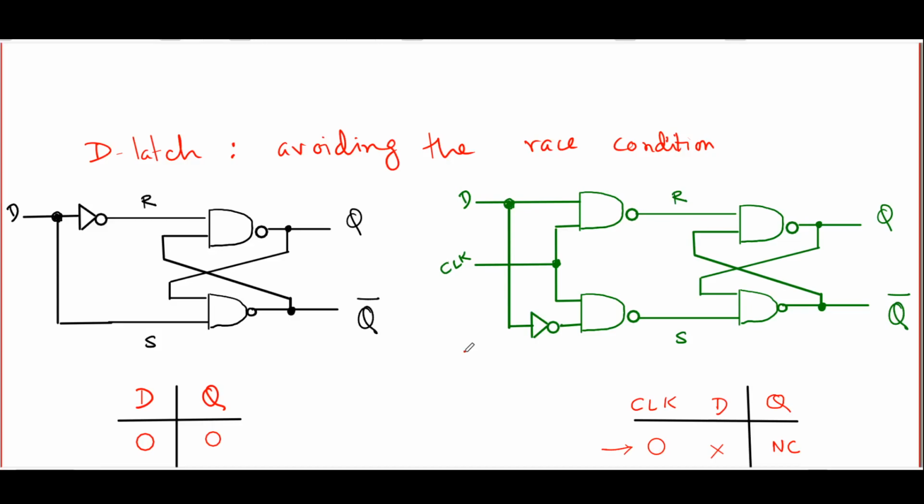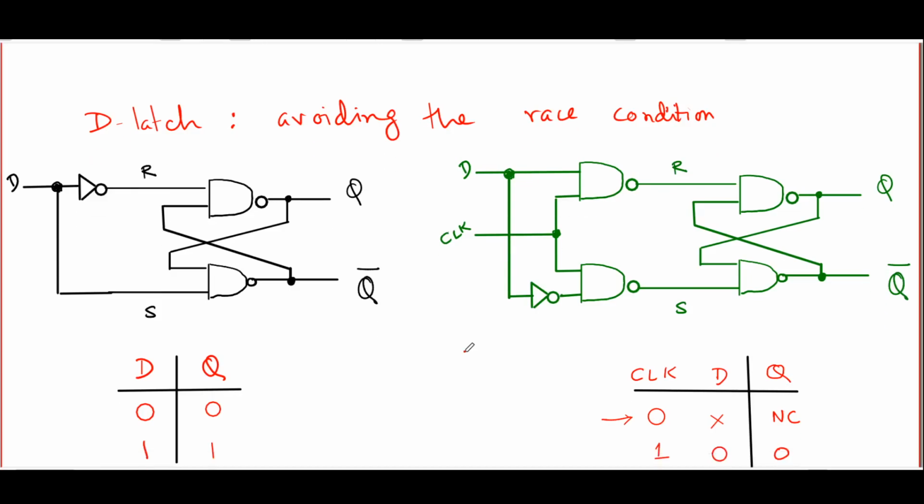Q goes to 0. On the other hand, whenever D is high, R goes low, S goes high, the circuit is set. As a result, Q goes to 1. So, the upshot of all this is, in a D latch, Q is always the same as D, and Q bar is always the same as D bar.